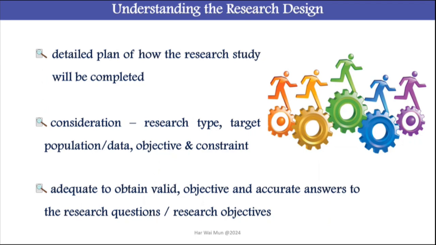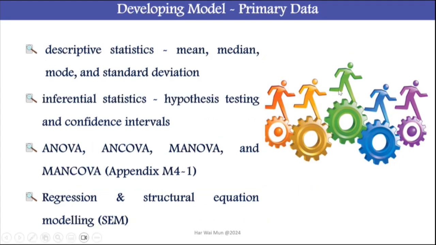You break your issue into small parts, preferably 3 objectives. For primary data, usually we prefer 5 objectives, right? Then you have your whole research design and data to match all these objectives and to answer your research issue. Okay?